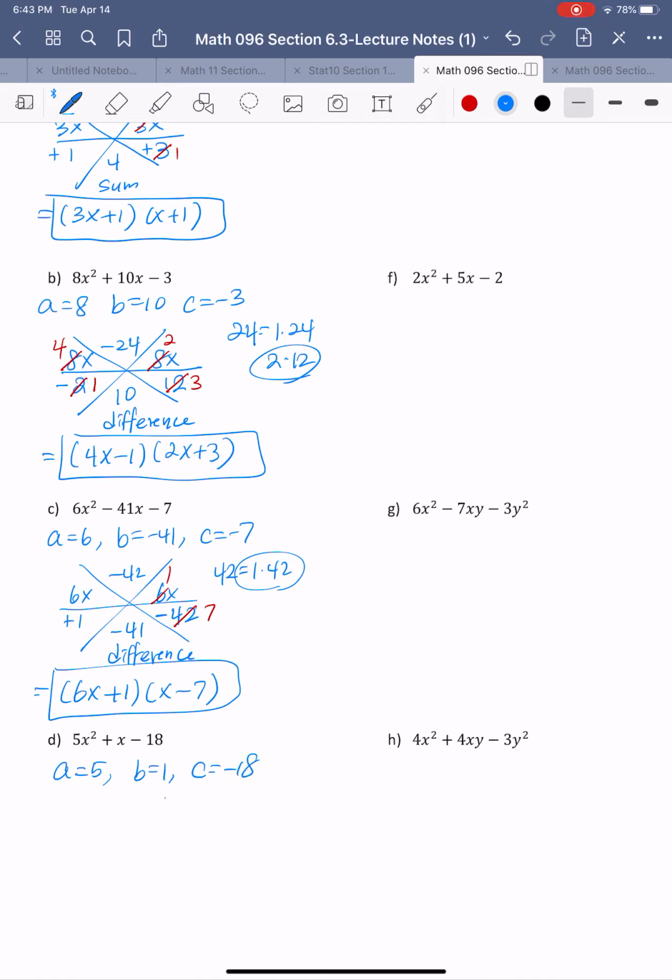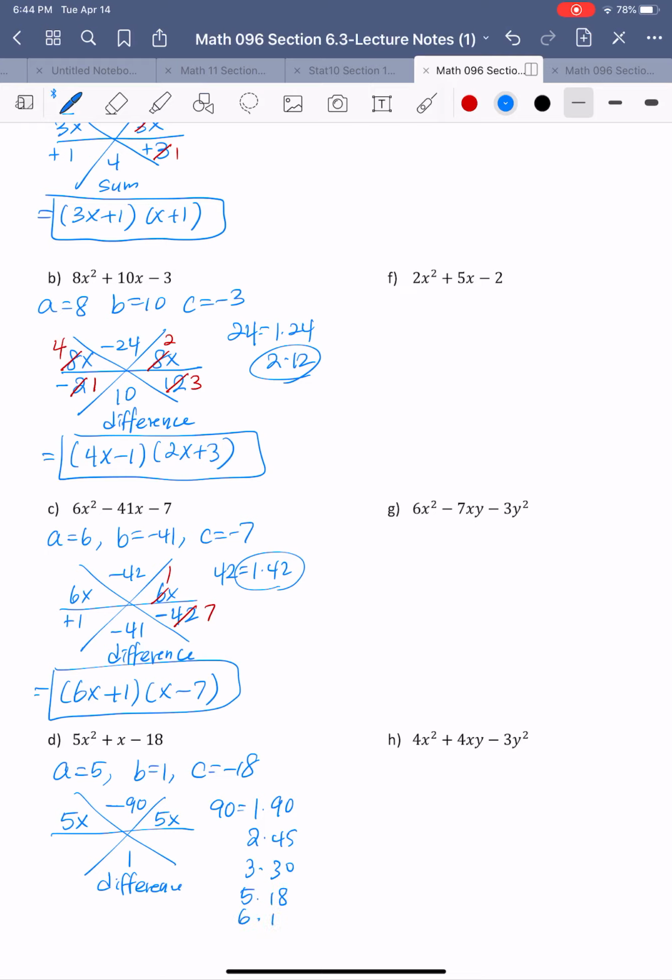All right, the next one: A is 5, B is 1, and C is negative 18. So if you use X factor, 5 times 18 is 90, negative, and then 1, and 5x and 5x. This 1 is the difference. So looking for the difference of 1 from the 90 product, which is 1 times 90, a difference of 89, and 2 times 45, 3 times 30, 4 doesn't divide, 5 times 18, which is 13, right?